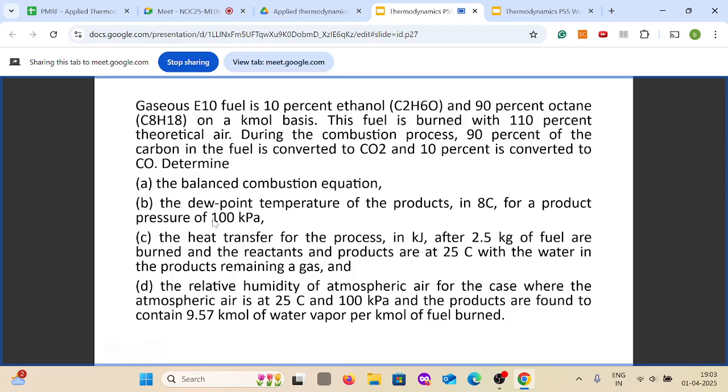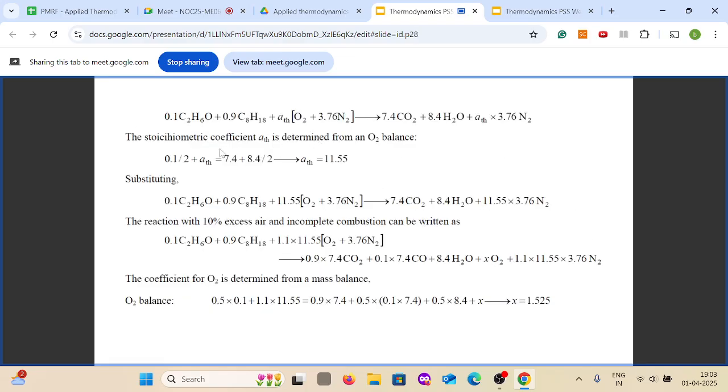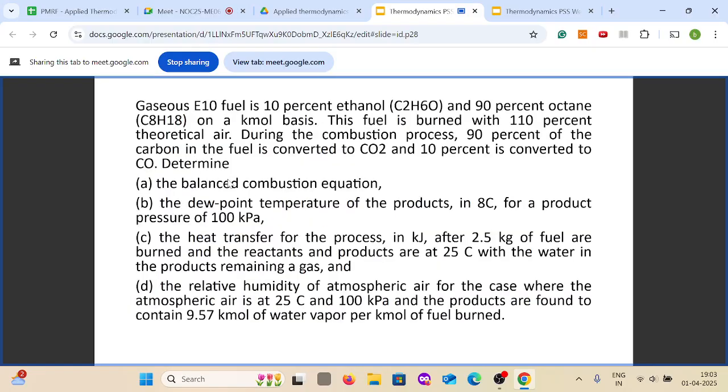First we'll write the balanced combustion equation for 10% ethanol and 90% octane on a kilomole basis. This is all written on a molar basis, so we can write directly. If we take 1 kilomole of fuel, it will contain 0.1 kilomole of ethanol and 0.9 kilomole of octane.